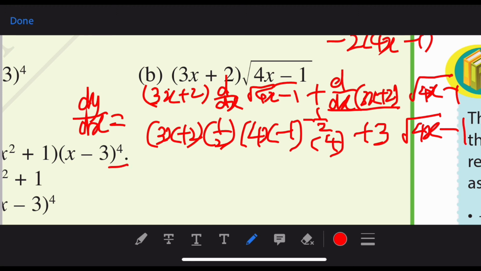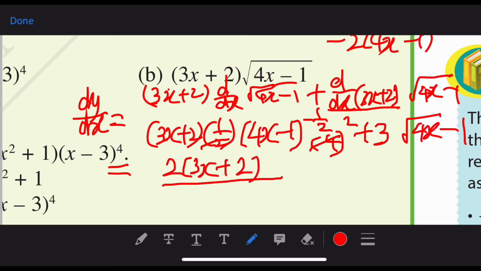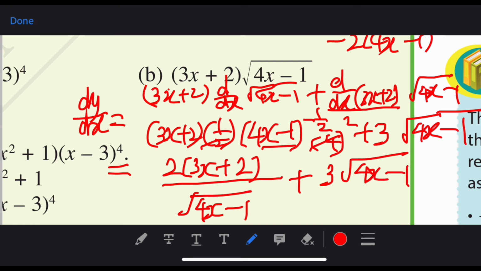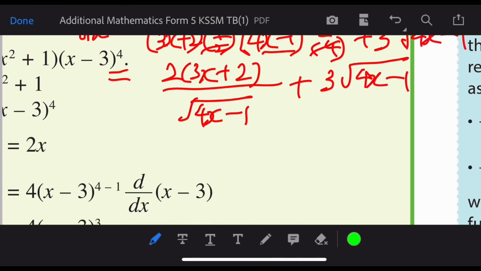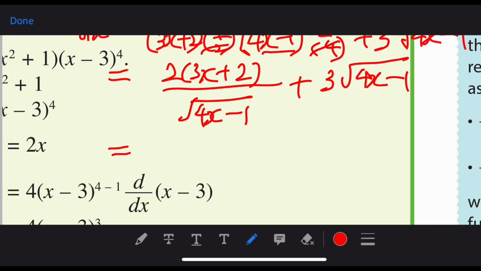Can you understand? Now I can only simplify the 2 and the 4 become 2. So it becomes 2 times 3x plus 2, and this will go down, square root of 4x minus 1, and then plus 3 square root of 4x minus 1. Finally, I make the denominator the same by multiplying with 4x minus 1.